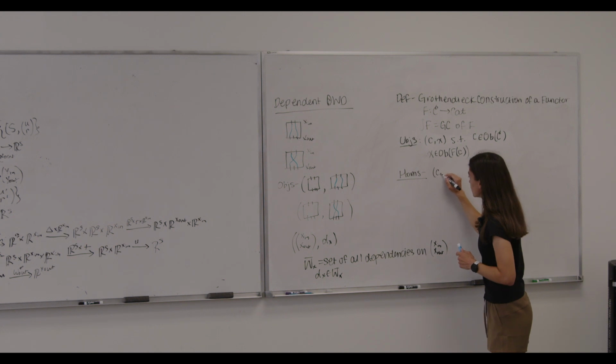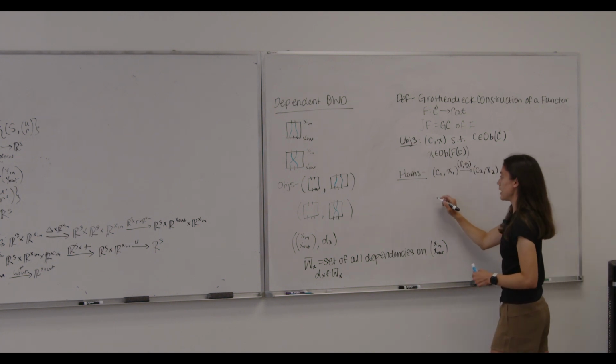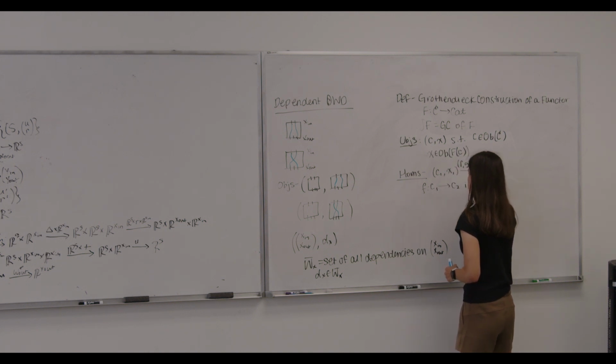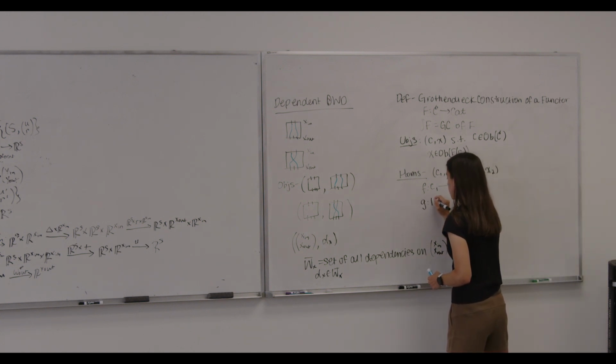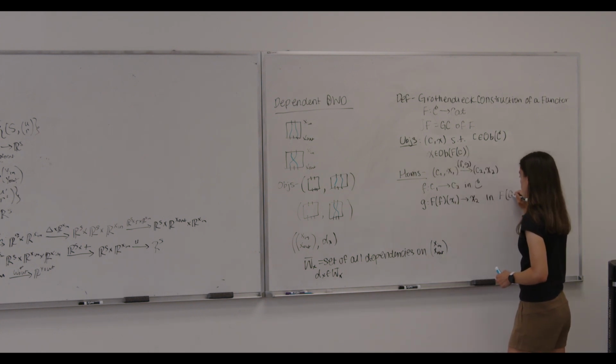So we go from C1, X1 to C2, X2, which is some F, G. And here F is a morphism in C. And then we have G, which goes from F of X1 to X2, which is in F of C2.